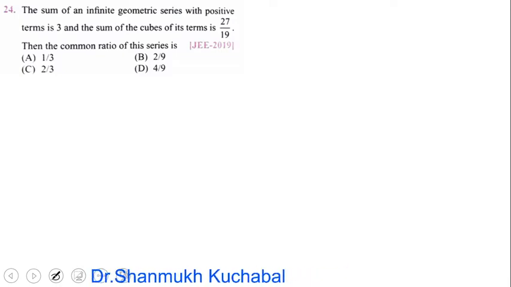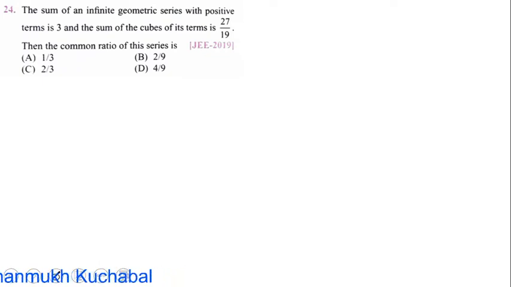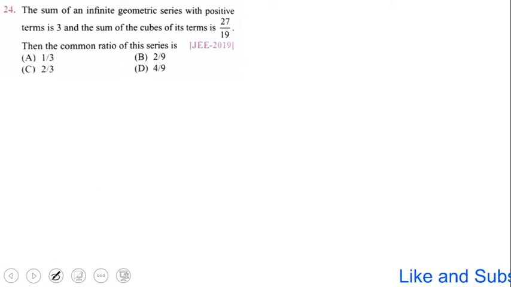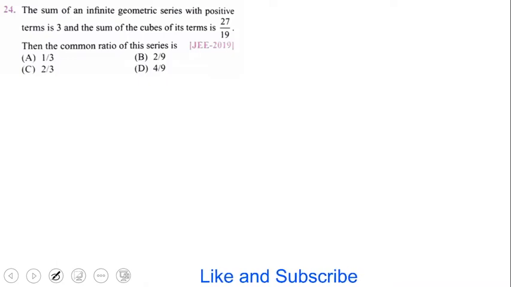Example number 24. The question is, the sum of an infinite geometric series with positive terms is 3 and the sum of the cubes of its terms is 27 by 19. Then we have to calculate the common ratio of this series.